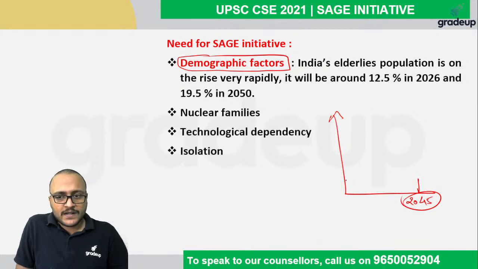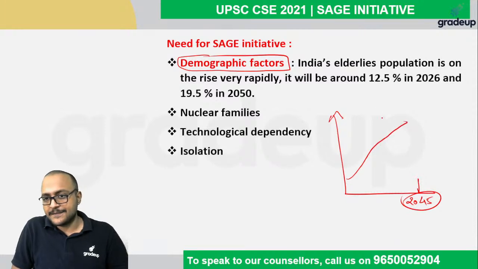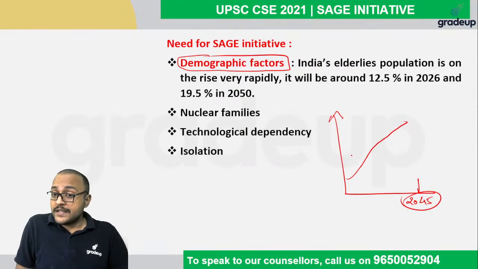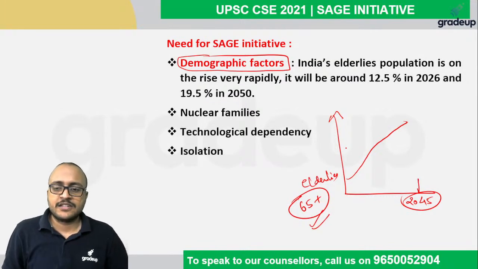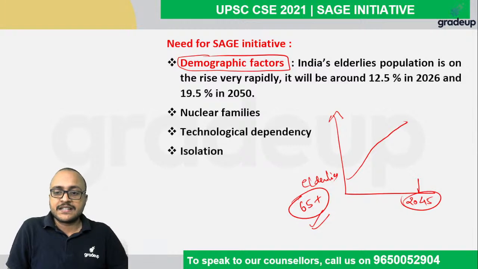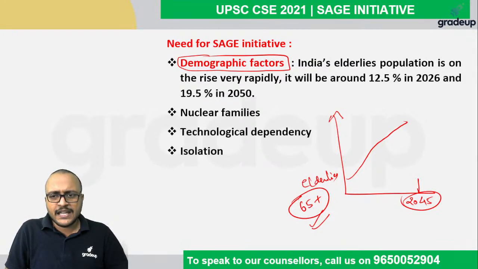The demographic curve was to increase, but the population of the elderlies, that is the 65 plus, the international organizations collectively consider 65 plus as the age group which is sedentary or considered to be retired.